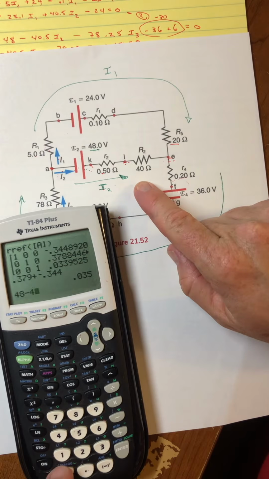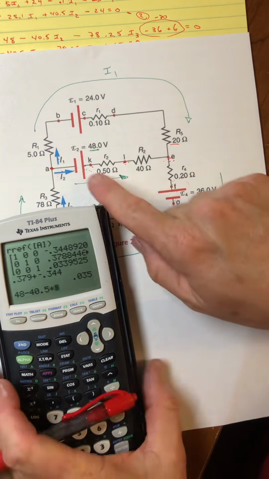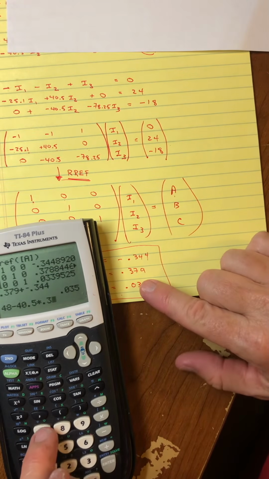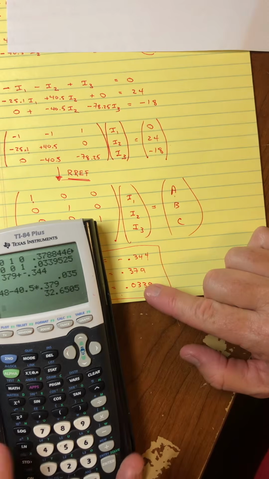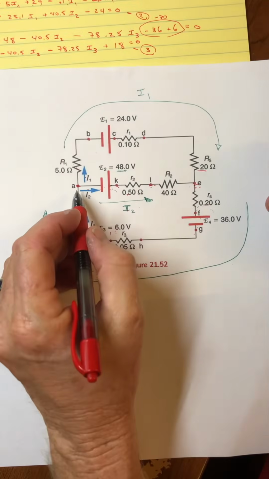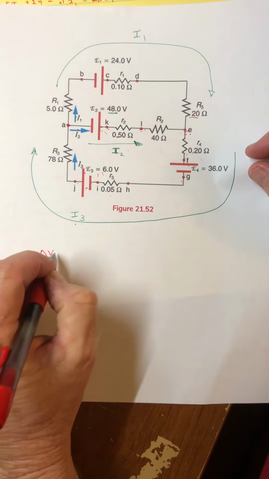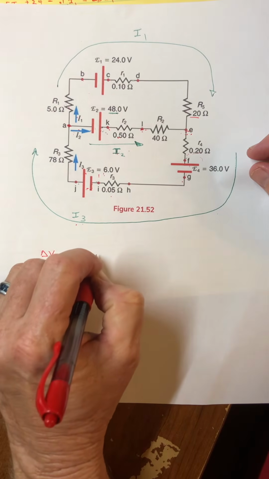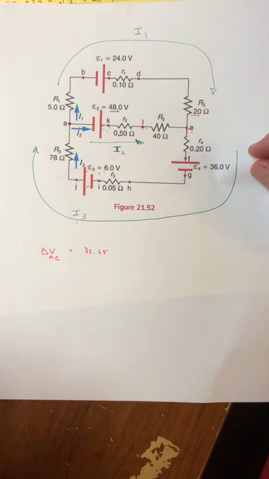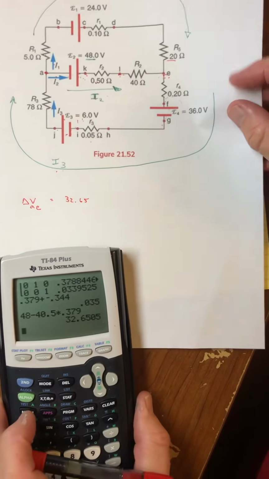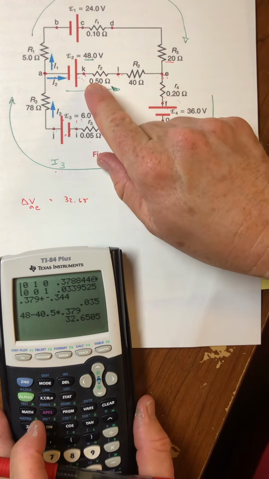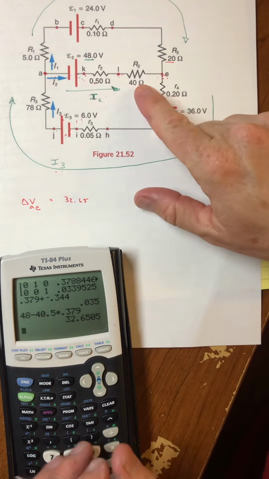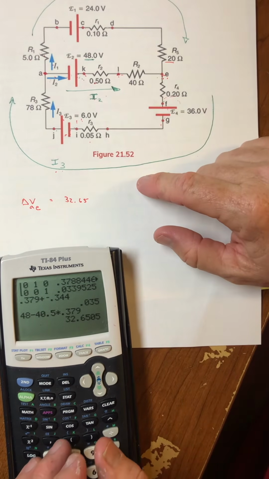And if I put those two together, 40.5 times the current of number 2, 0.379, we would see that the voltage change, delta V, from A to E would be 32.65. And so again, it went up, but then down because of the loss of energy going through these resistors.